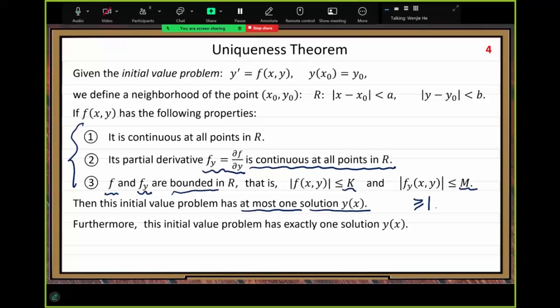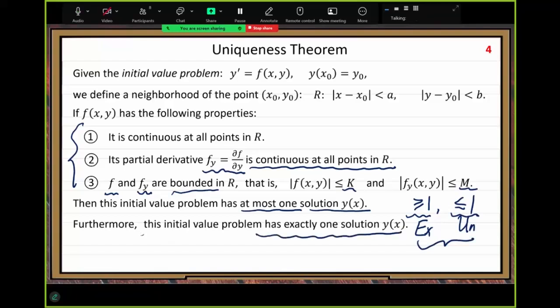We have both greater than or equal to 1 and less than or equal to 1. Existence tells us the number of solutions is greater than or equal to 1, and uniqueness tells us it is less than or equal to 1. Then we combine these two, so the initial value problem has exactly one solution.